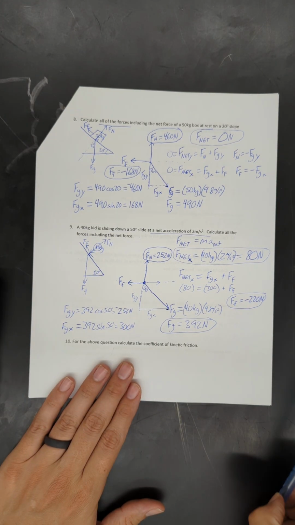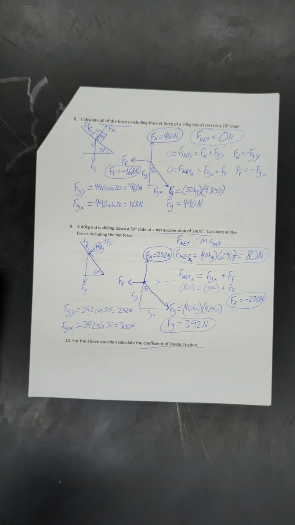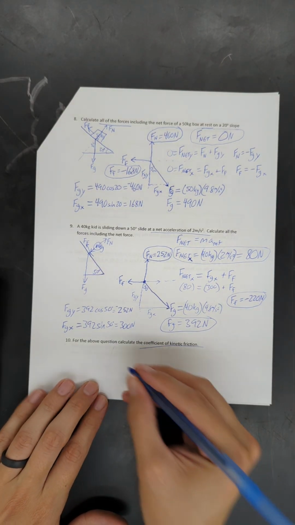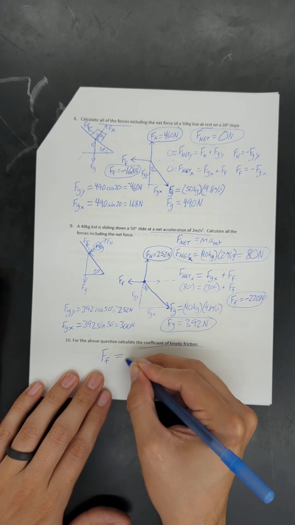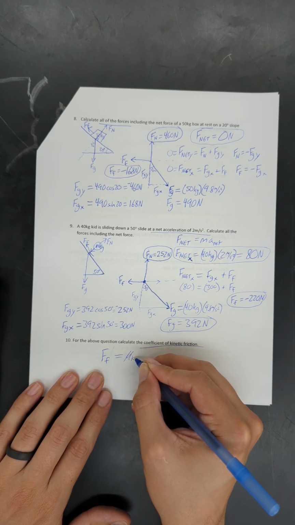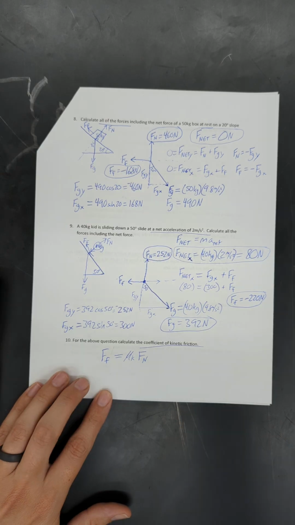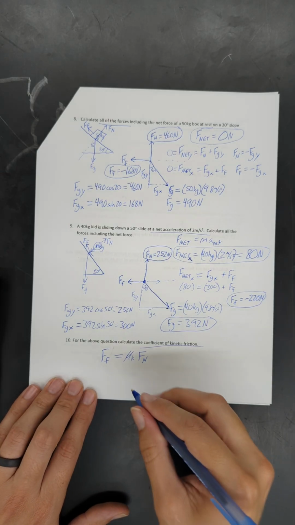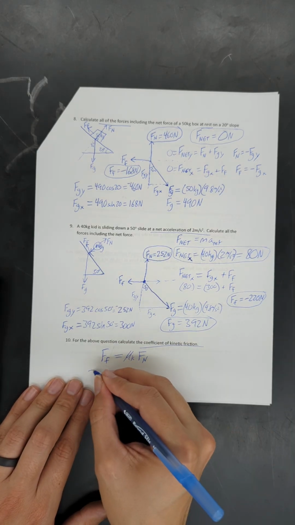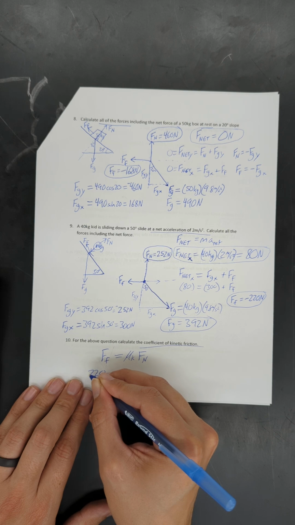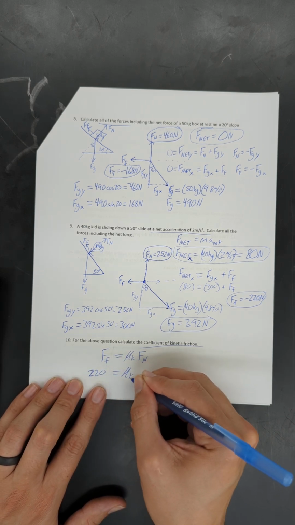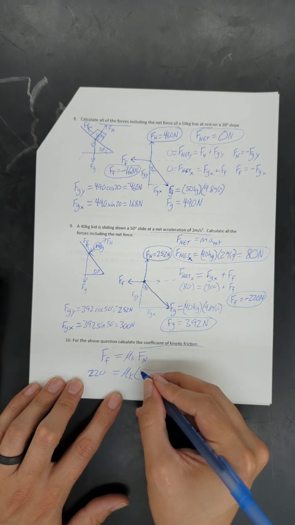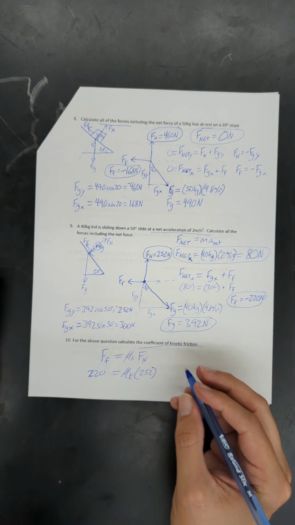Question 10. This is based off of that. Calculate your coefficient of kinetic friction. Remember, we have friction equals coefficient of kinetic friction times your normal force. Plug and chug. Friction, we're going to use just the magnitudes of these forces. 220 equals coefficient of kinetic friction times 252.